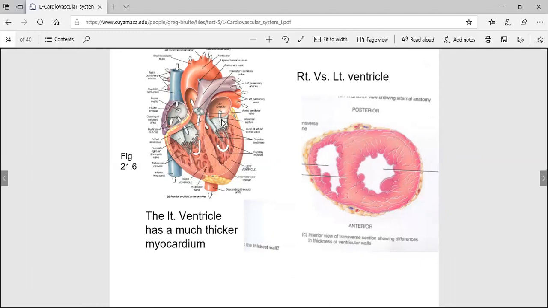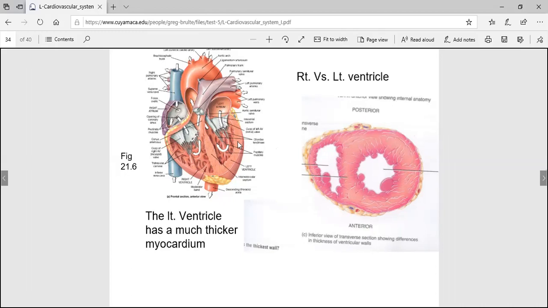I just call them left and right AV valve, and that way you never go wrong. They do have other names, and we'll do those in another lecture: tricuspid and bicuspid valve, and one of these valves is also called the mitral valve. For now, let's just call them right AV and left AV. That way you never go wrong.